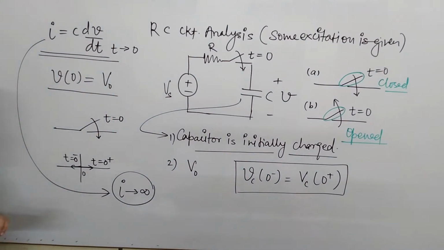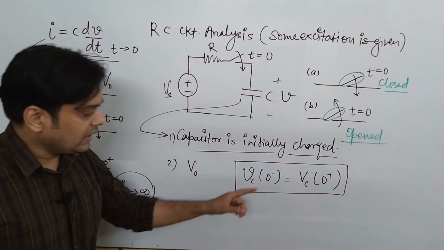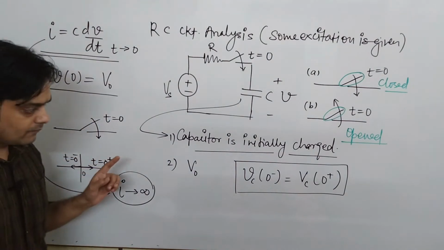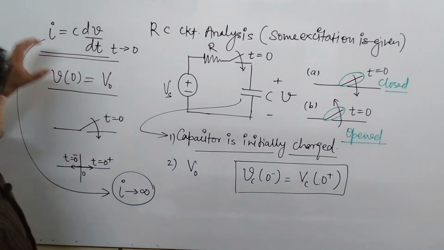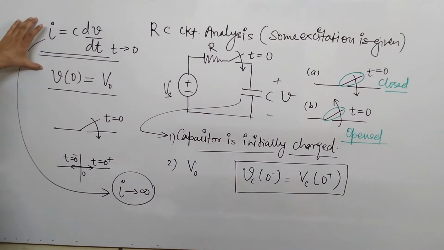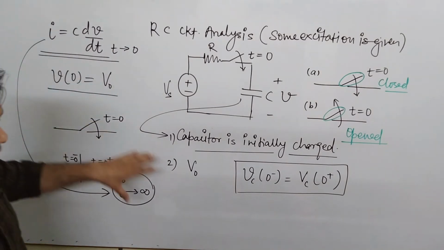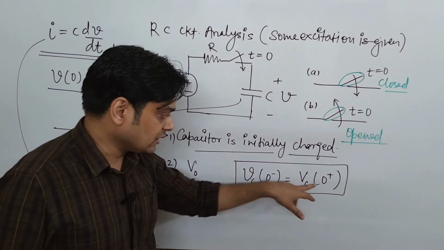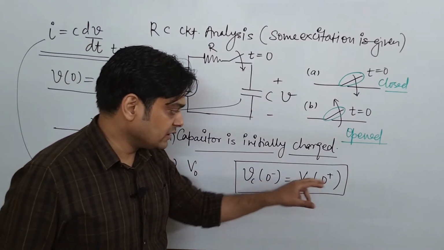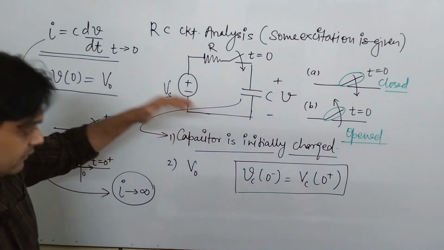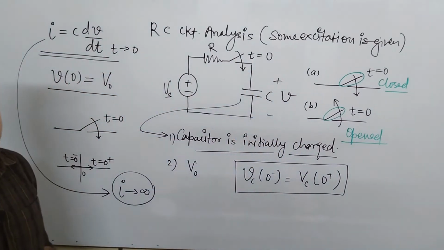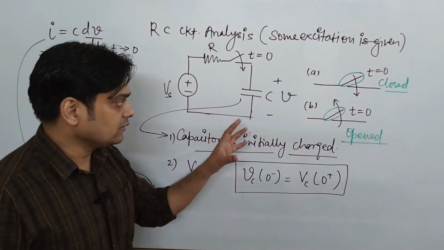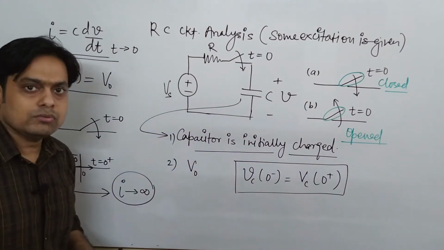In all initial condition problems, always remember this, and one can easily solve for the voltage and current across the capacitor at t equal to 0.